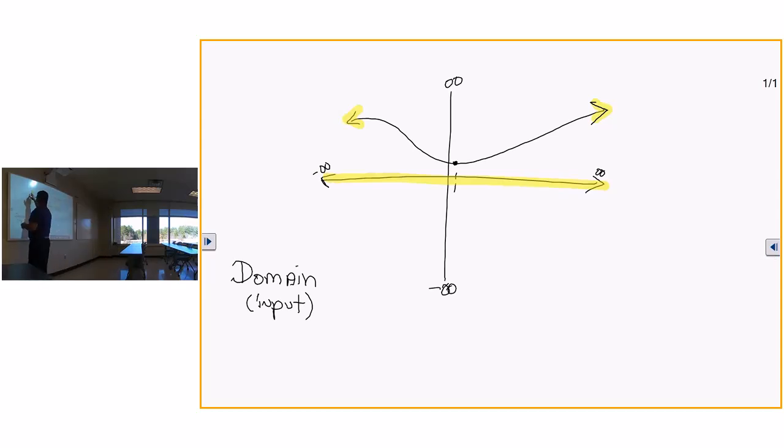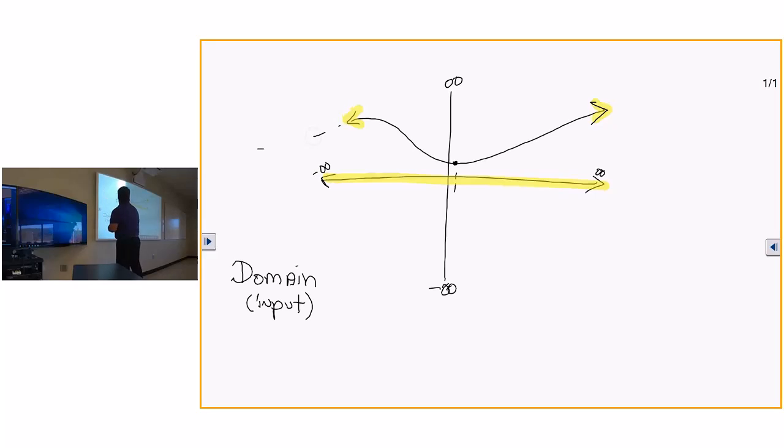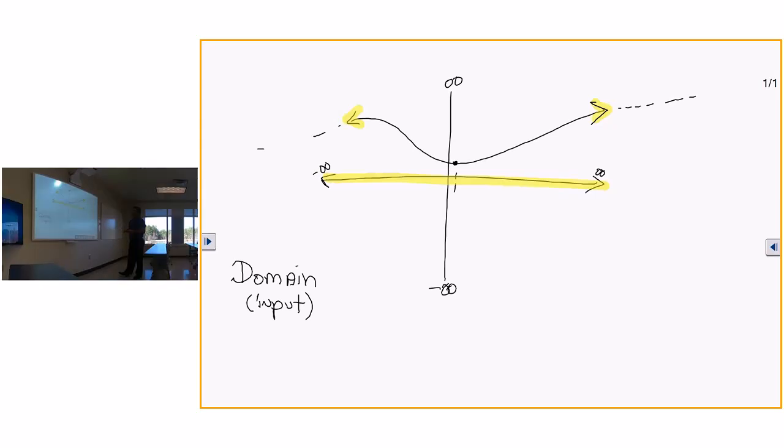That arrowhead right there means that it just keeps on going. And this arrowhead over here means that it what? Keeps on going. So therefore, when you have arrowheads, the domain is all real numbers.